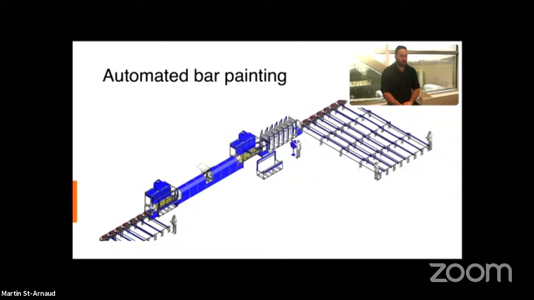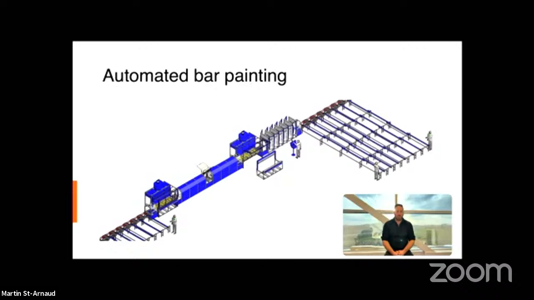It's usually one bar at a time, and the employees have to be working with the wet painted bars and loading them to racks. But after doing some research, I did find some companies out there that are offering systems that are going to be automating those processes.